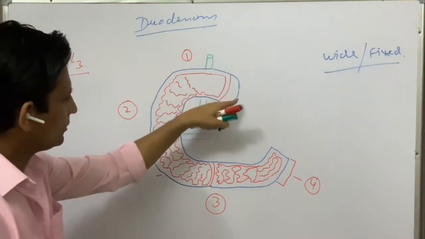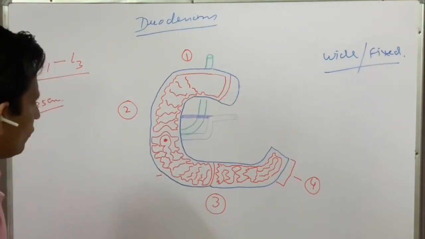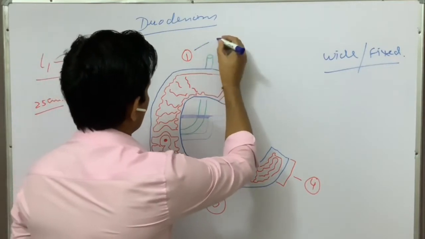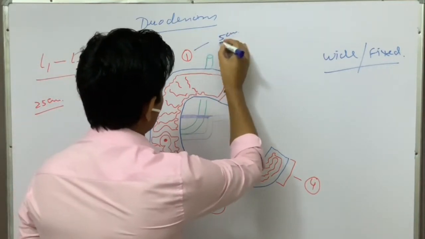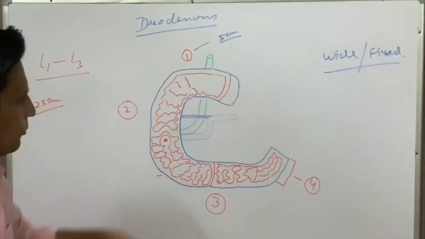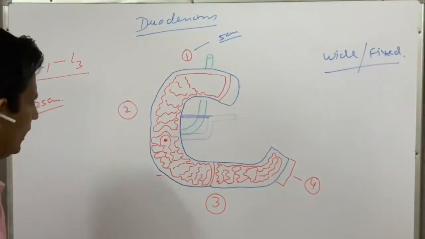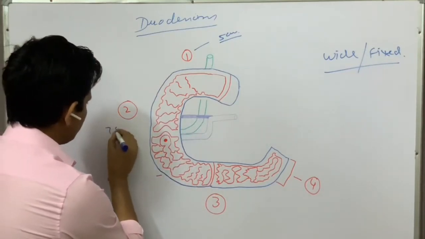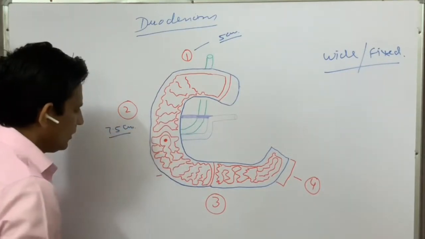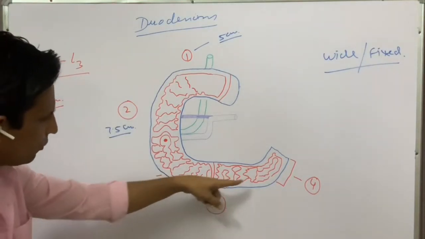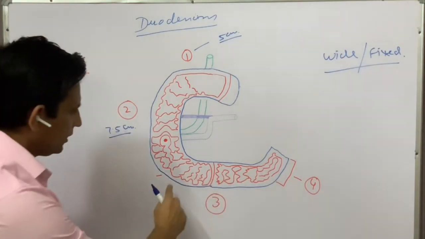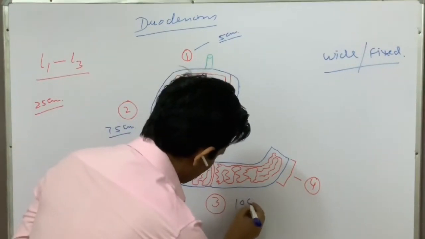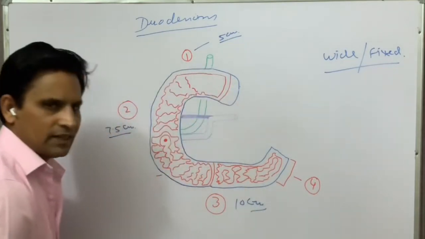The length of the first portion is around 5 centimeter, and the length of the second portion may be around 7.5 centimeter, right? And the longest part is the third one. It runs horizontally, and its length is around 10 centimeter.